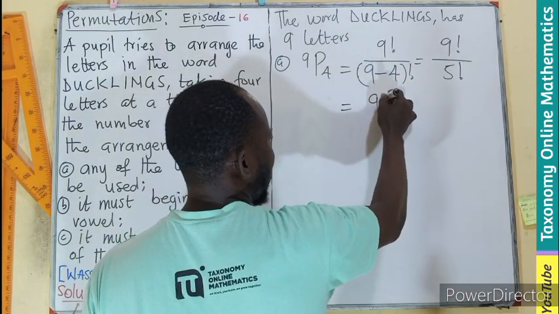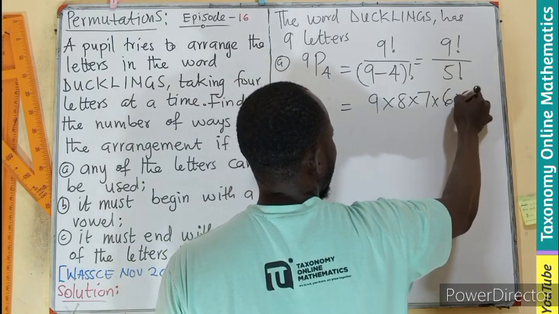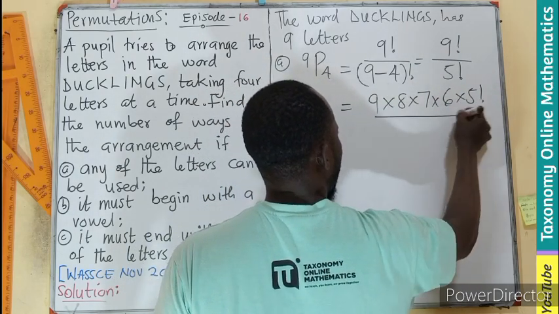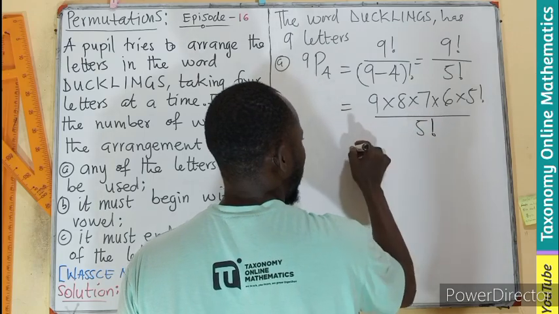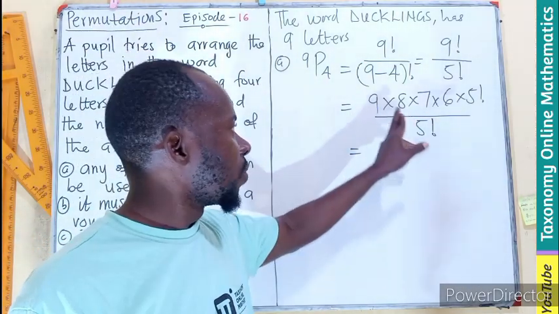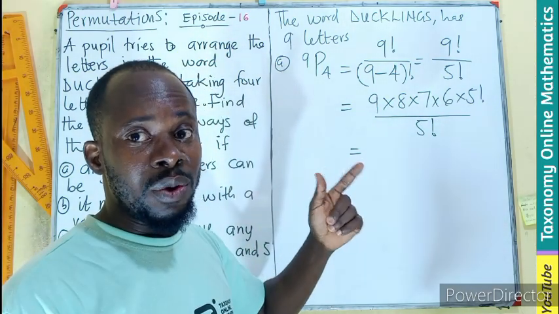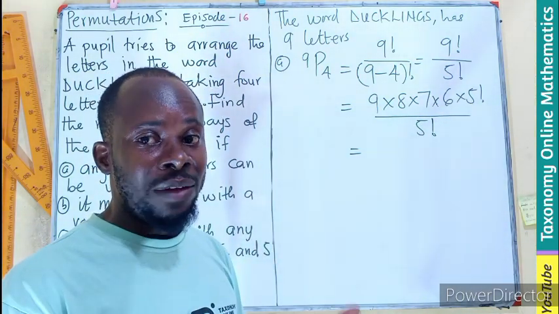Expanding that further gives you 9 times 8 times 7 times 6 times 5 factorial divided by 5 factorial. So we can see, as I said earlier, there are 4 positions, 1, 2, 3, 4. This will cancel.